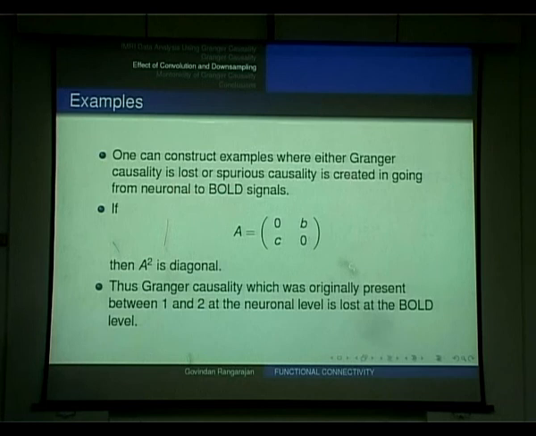For example, if you have such an A, what this tells you is that 2 has a causal influence on 1 with the strength B, and 1 has a causal influence on 2 with the strength C. If you have such a matrix A connecting 1 and 2, then you see that if you take the square of this matrix, it's diagonal.